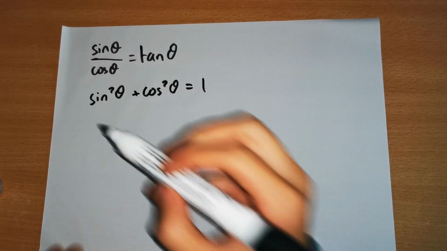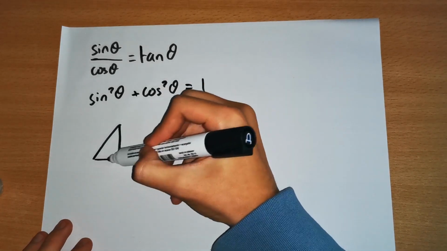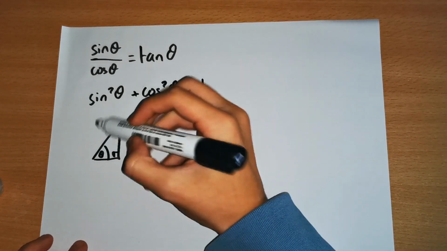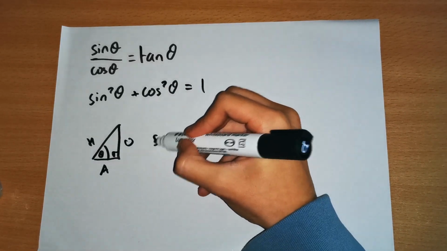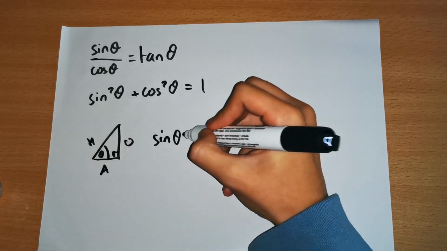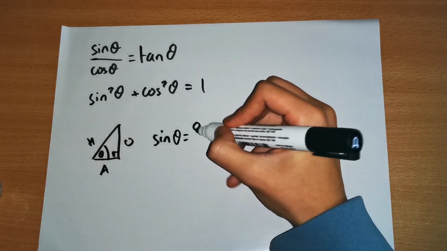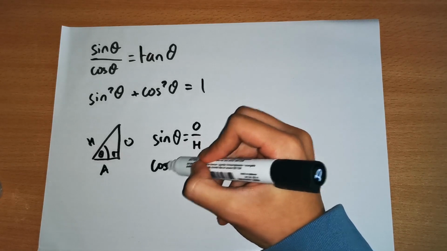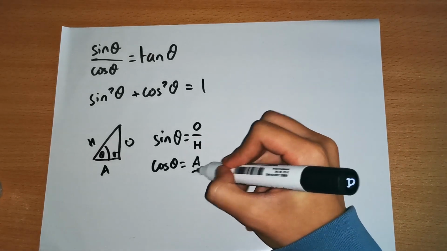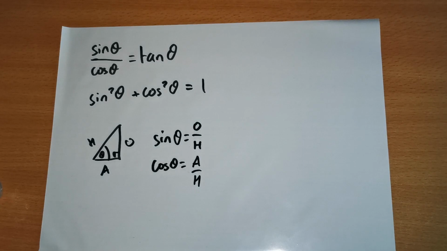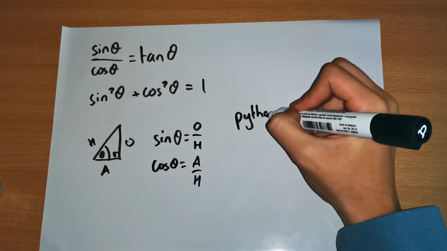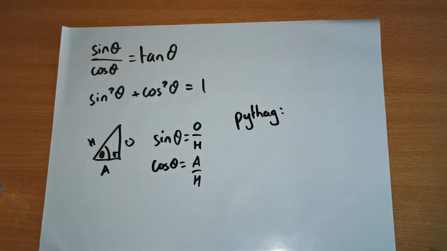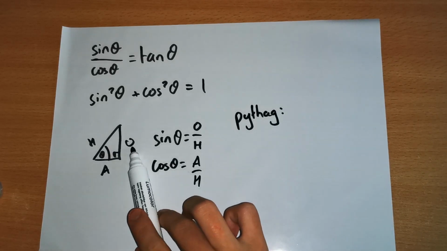It's not too difficult. It's basically a triangle. Here's a triangle, here's theta, it's a right angle, and this is the hypotenuse. This is the opposite, and this is the adjacent, and sine theta is equal to o over h, cos theta is equal to a over h. And then let's use Pythagoras. If we use Pythagoras's theorem, we know that a squared plus o squared equals h squared.